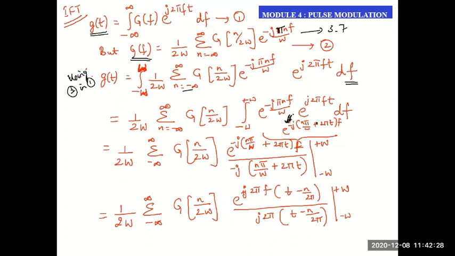Then 1 by 2w summation, again all this is left, minus j n pi by w, again minus 2 pi t. Yeah?